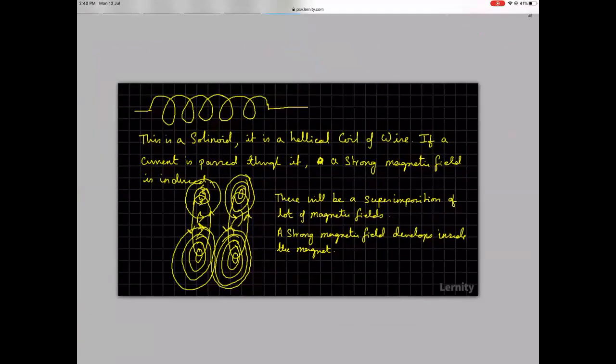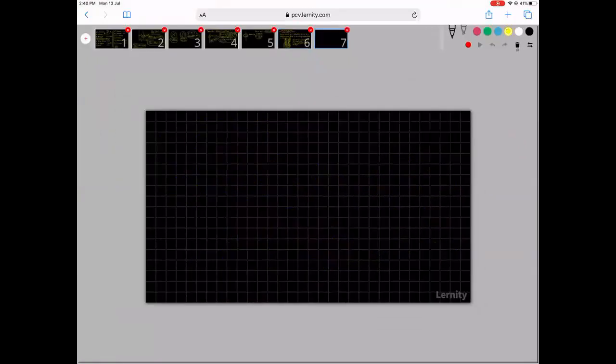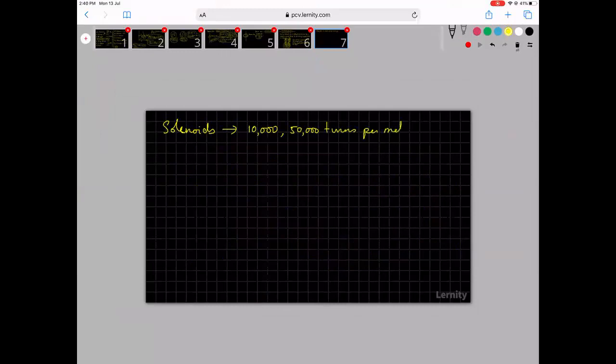Yeah, so this is basically a solenoid. Typically if you go to the market you will get solenoids which will have 10,000 or 50,000 turns per meter, or even more than that.